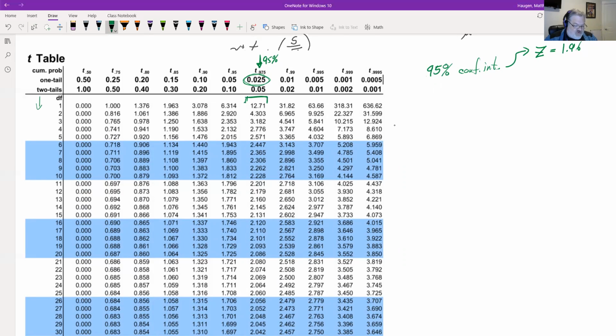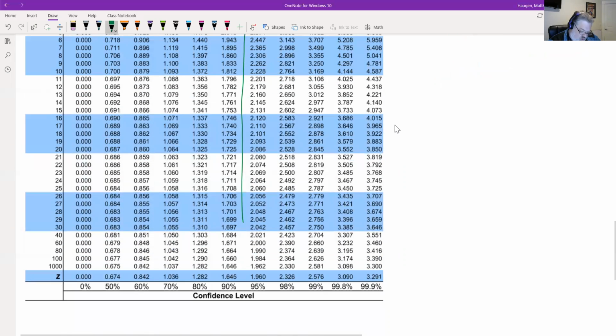If we go down to the bottom of this column, if we have a very large sample size, 1,000, it's really close to that 1.96 that we like. It's a little bit bigger, but not much. If the sample size were approaching infinity, it just becomes that z-score of 1.96.